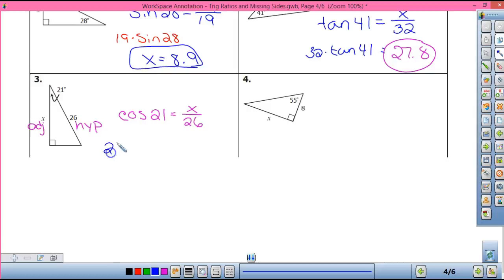Multiply both sides, so 26 times cosine of 21. X is 24.3. That makes sense? If my hypotenuse is 26, can it be greater than my hypotenuse? No.